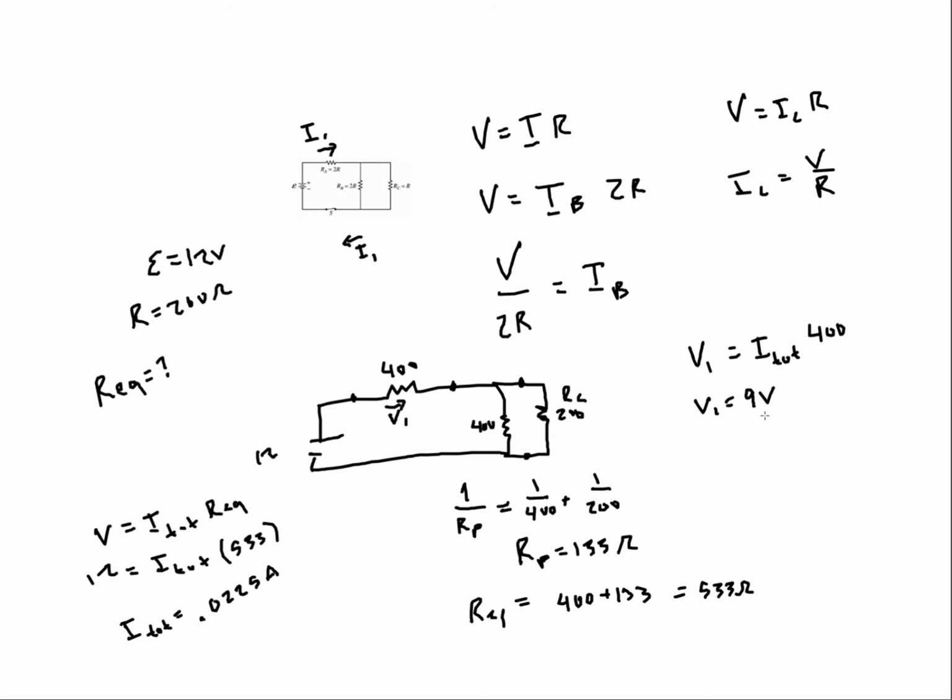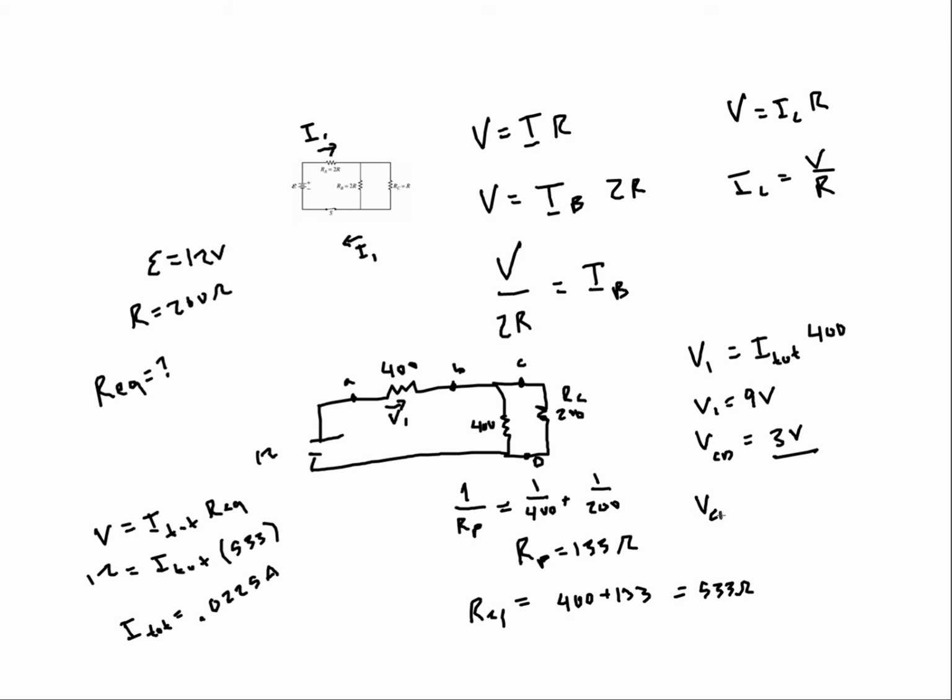So V1 here is 9 volts, which means that if this voltage drop is from A to B, and this is C to D, I know that VCD has got to be 3 volts because I've got to get back to 12 volts. So now I can use this voltage and this resistance to figure out the current across RC.